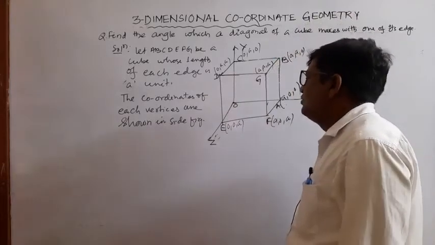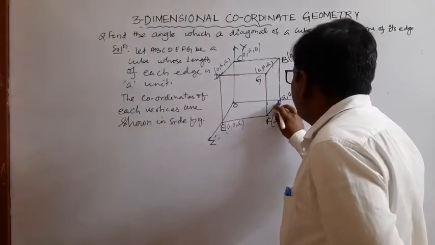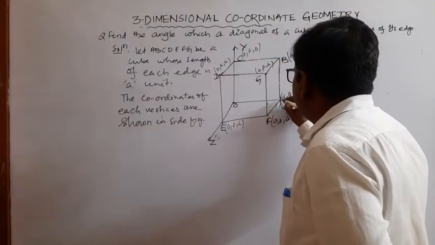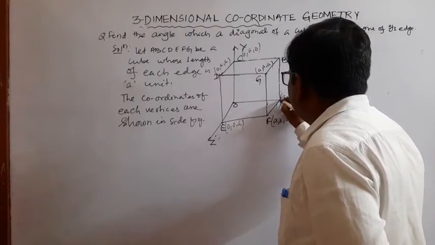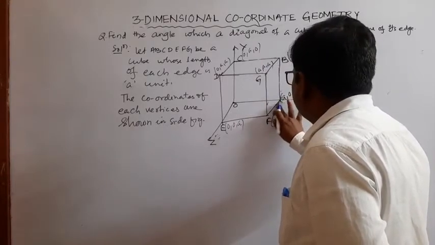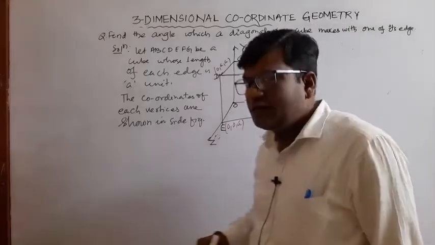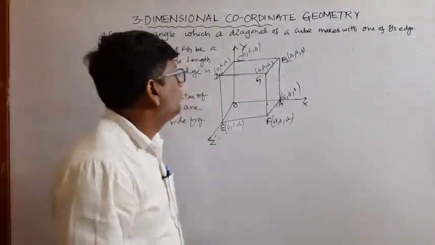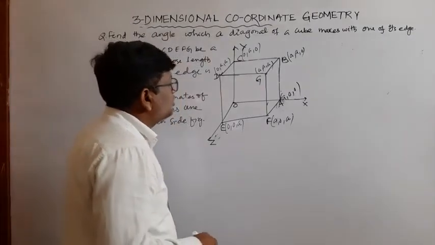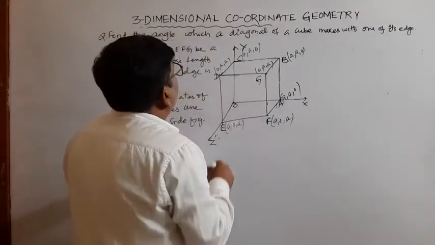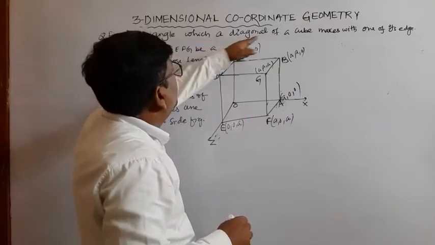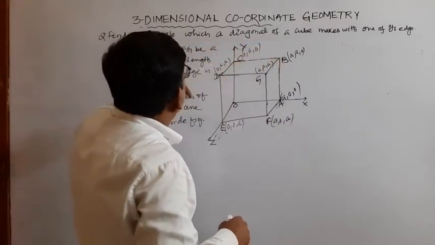Now here one edge is OA. Find the angle that the diagonal of a cube makes with one edge.